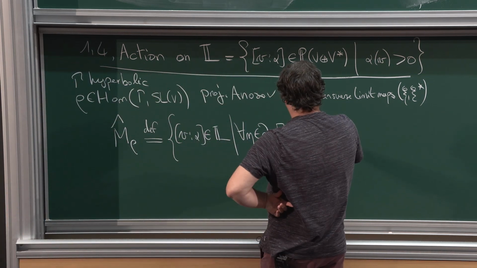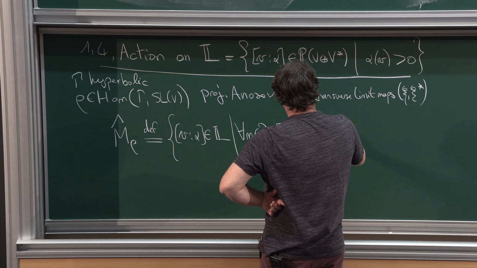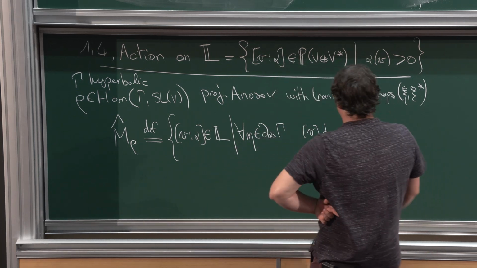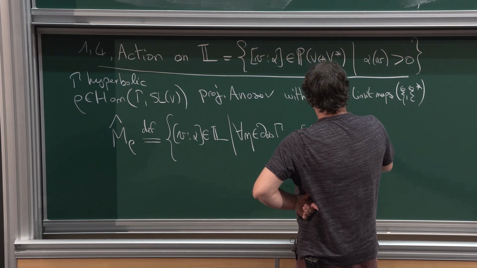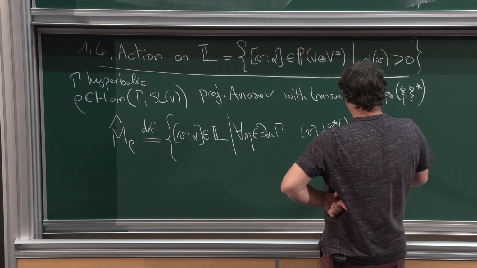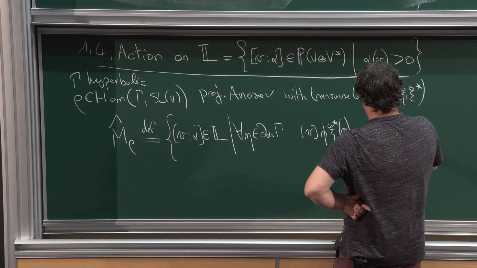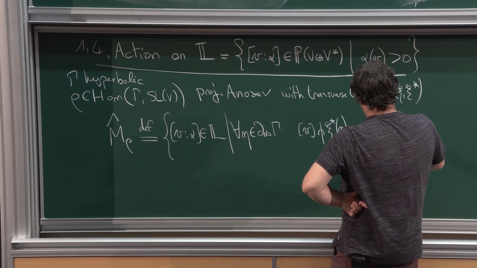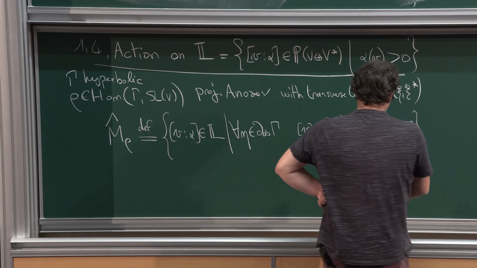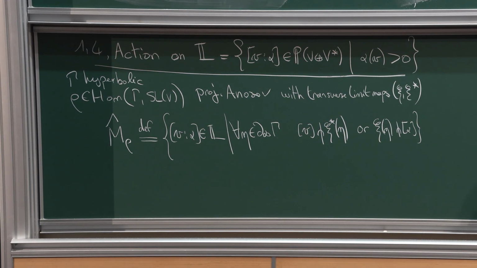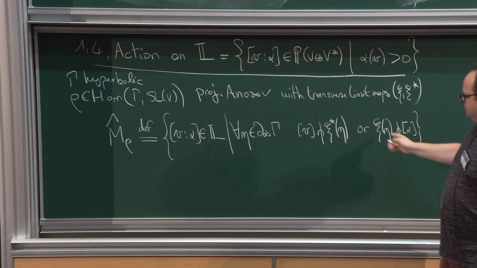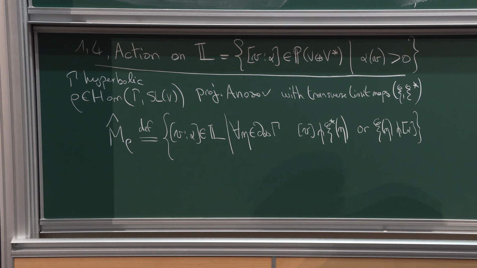Meaning that either the line spanned by v is transverse to the hyperplane psi star of eta, or the line psi of eta is transverse to alpha, which is essentially the weakest notion of transversality you can consider between those.